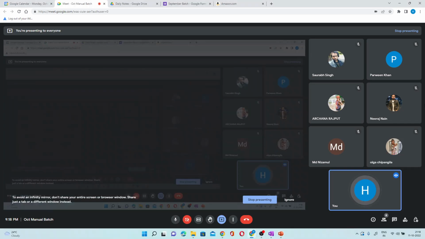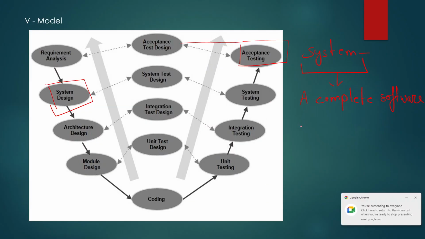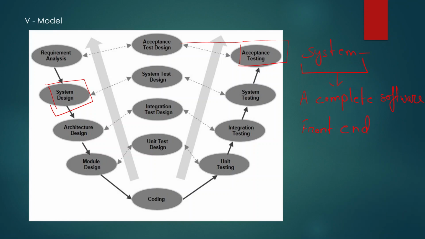Even if we talk about desktops, we call it a complete system when we have the monitor, the CPU, the keyboard, the mouse, all the things attached. Then only we call it a system, right? Exactly like that in software we have the front end, the back end, and the database.